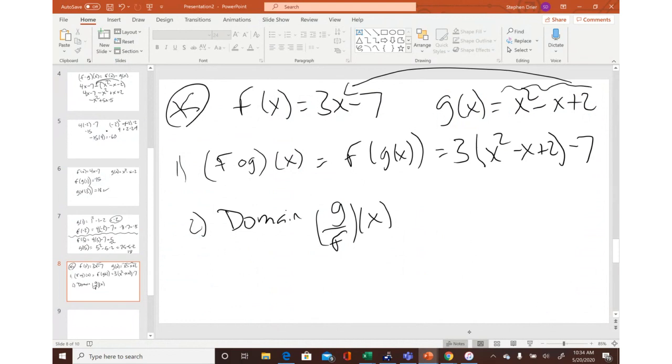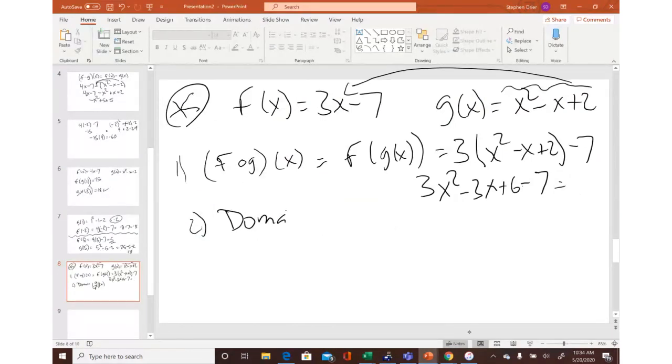So this is 3x squared minus 3x plus 6 minus 7, which gives you a final answer of 3x squared minus 3x minus 1.